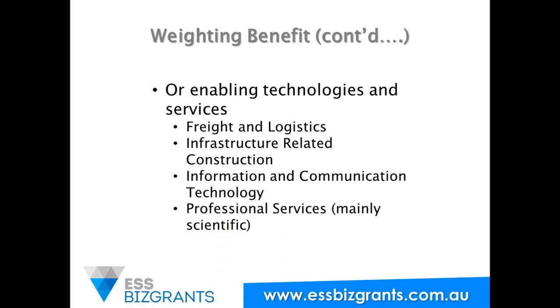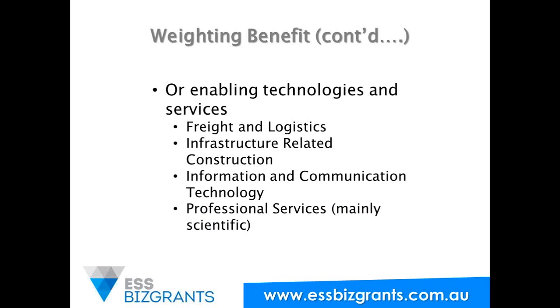It is mainly in the scientific professional services area. But if you have a client who is developing a product, process or service for one of these industries who are servicing one of those other 5, then you will receive a weighting benefit when the consideration is given to the national benefits under the application process.